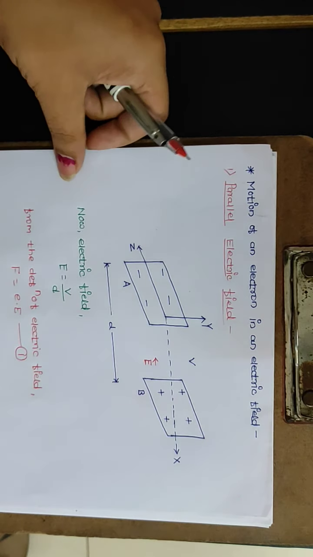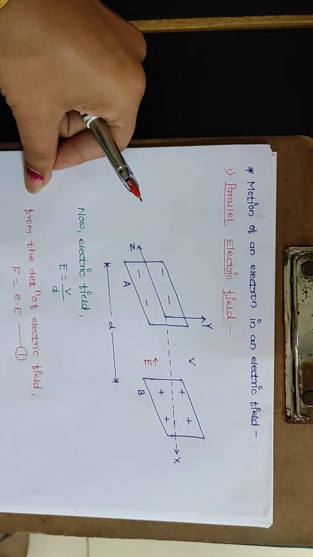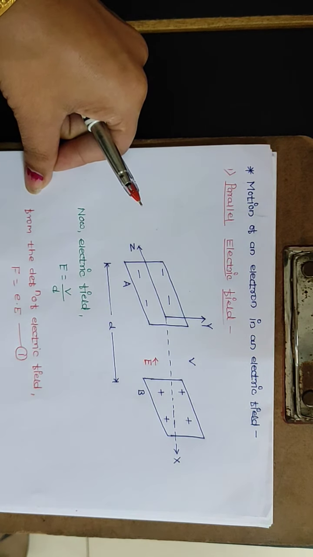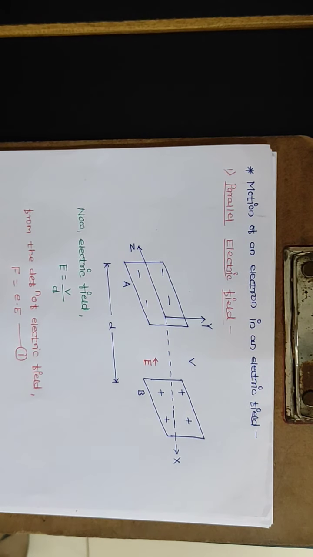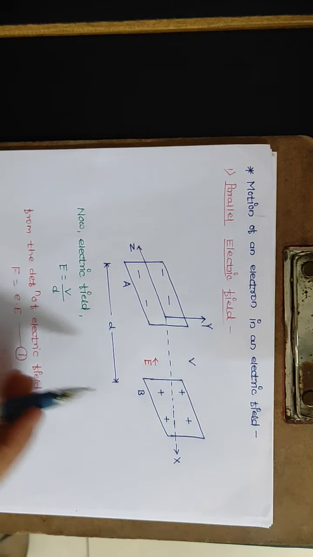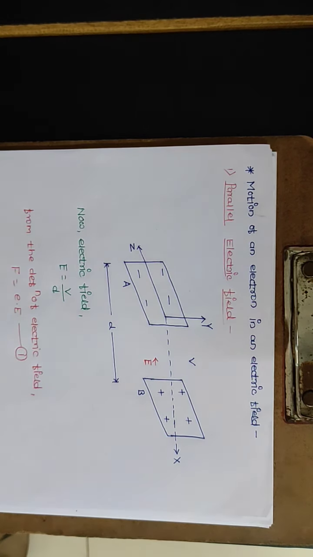Now, according to the second law of motion, we can write F is equal to m into a. Equation number 2. Here m is the mass of the electron and a is the acceleration along the x-axis.